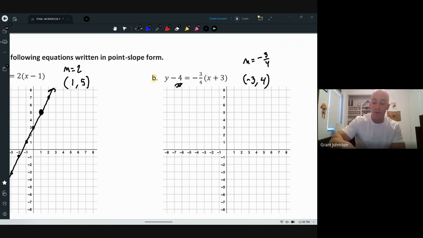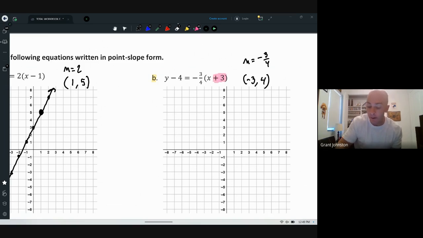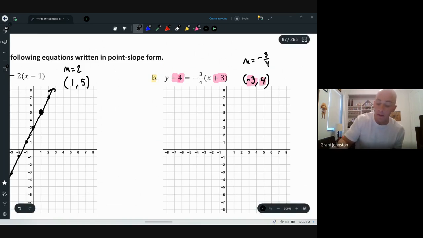Again, since the point slope form has x minus x1 and y minus y1, it's always the opposite. Since this was a positive 3, we're going to have a negative 3, and since this was a negative 4, it's a positive 4 there. It's always opposite. So our point is at (-3, 4).